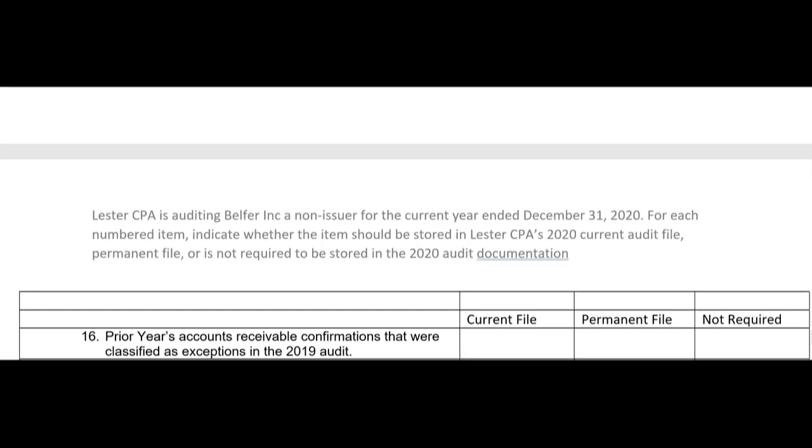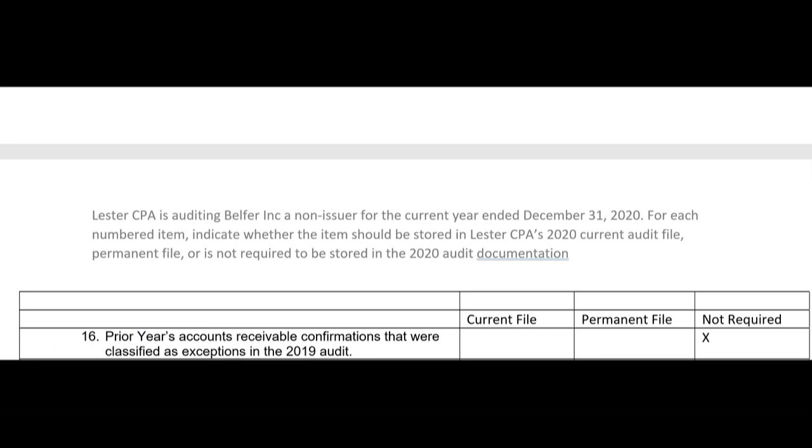16, prior year's accounts receivable confirmations that were classified as exceptions in the 2019 audit. Now, this is the 2020 audit. It tells us in the instructions. So what do we do with prior year's accounts receivable confirmations? They're asking us about confirmations sent out in last year's audit that came back as exceptions in last year's audit.